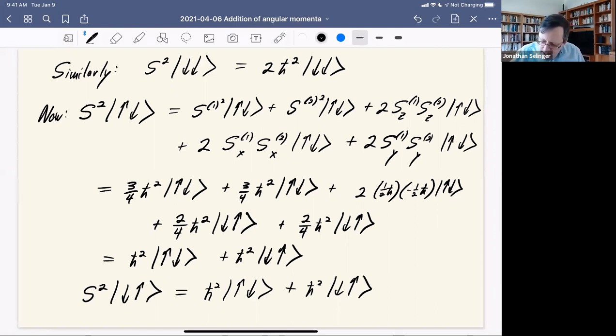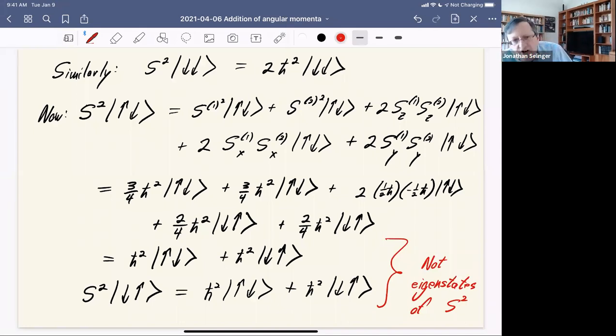Okay, so now we can look at these things and say these are not eigenstates of S squared. An eigenstate of S squared is a state such that if S squared acts on it, you get just a number times the state you started with.